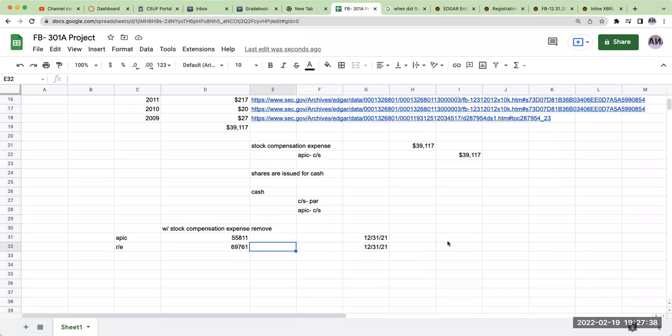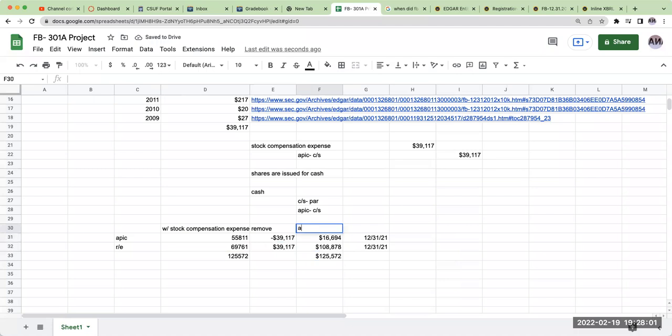So if I reversed that, my retained earnings would increase by 39,117,000,000, but at the same time, my additional paid-in capital would decrease by $39 billion. So when we look at this, we end up at the same dollar amount.